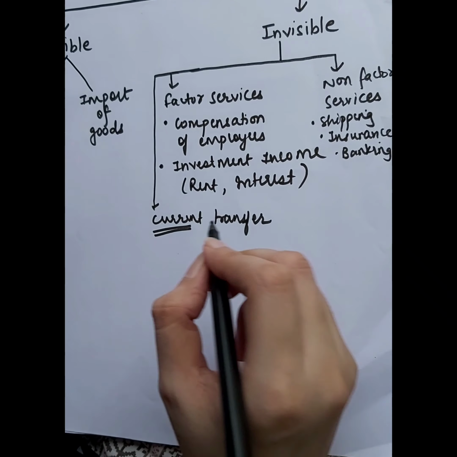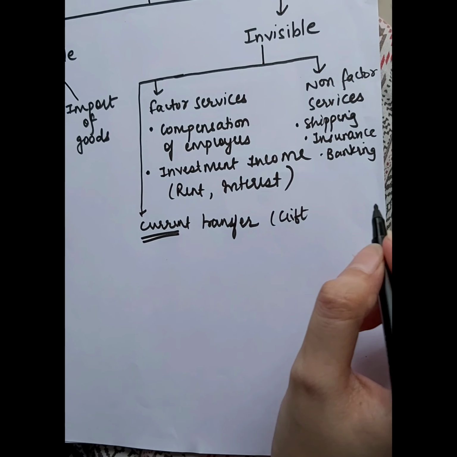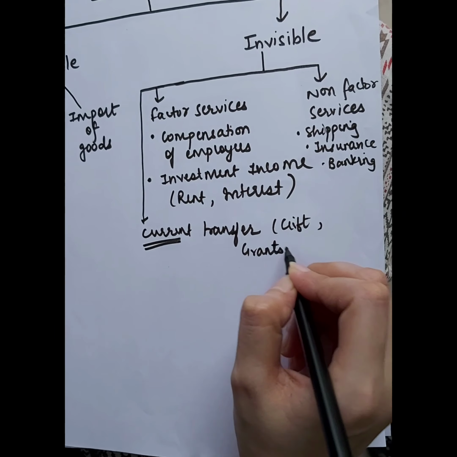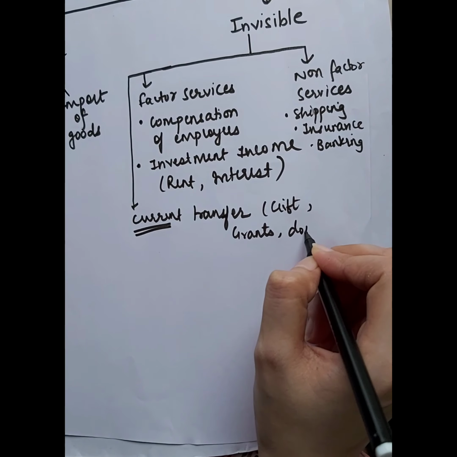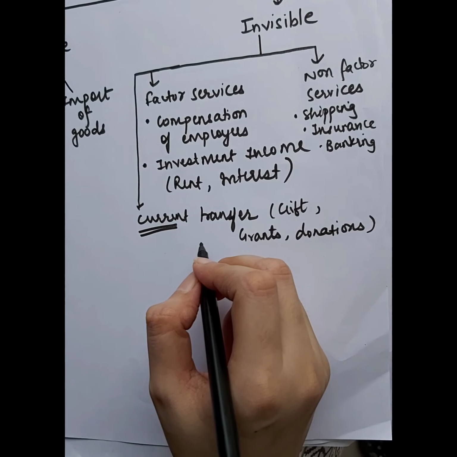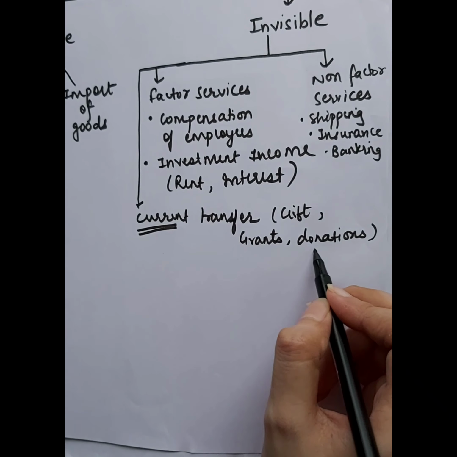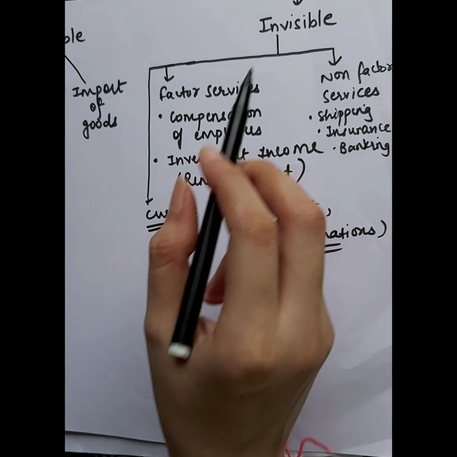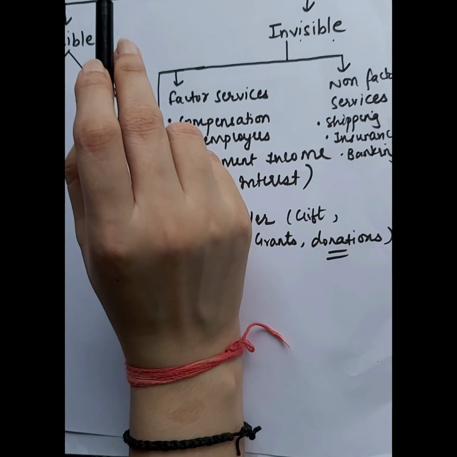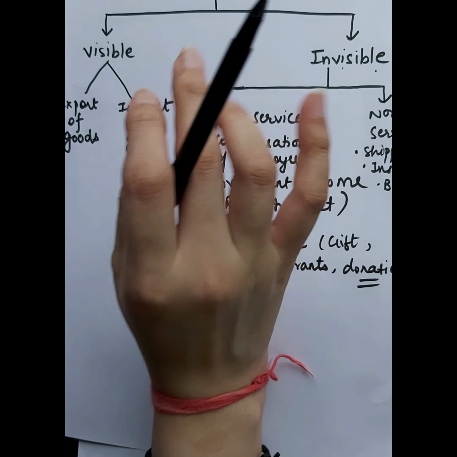It can involve any gift that we give to someone residing in another country, or it can include some grants or donations. For example, if there is a flood in another country and we want to donate something, we can donate to them. These all come under invisible things under current account. So this was all about current account transactions.